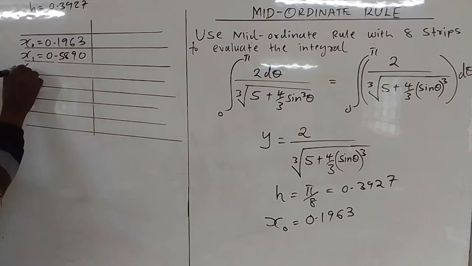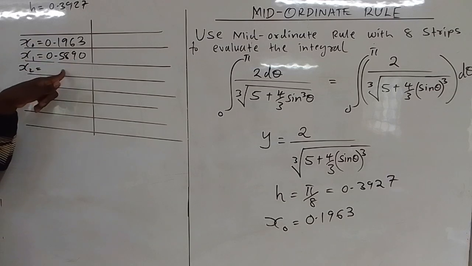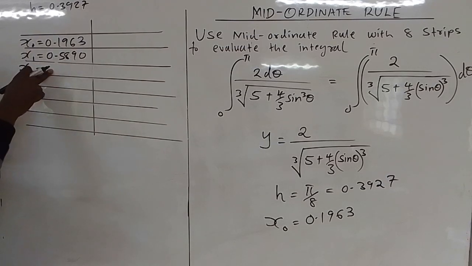That is x2: x1 plus h gives you x2. It is the h you are adding to get the next ordinate. It is this plus h to give you the next, then this plus h to give you the next. It is the h, the same interval, that you are adding. Is that understood? Yes. So x1 plus h gives you x2.